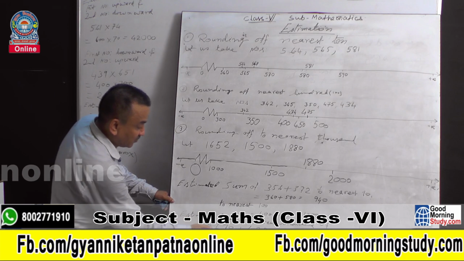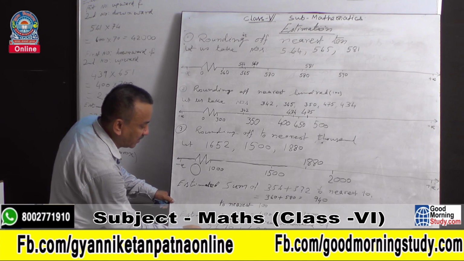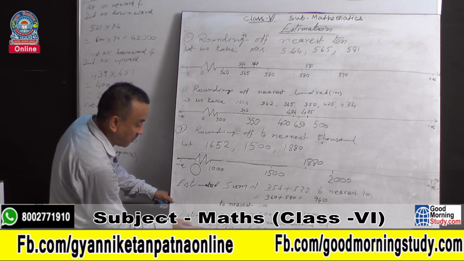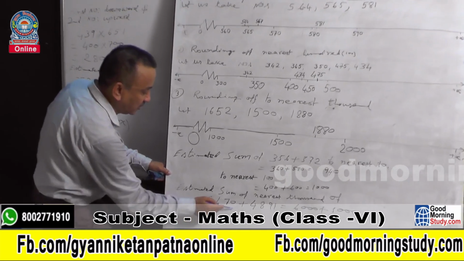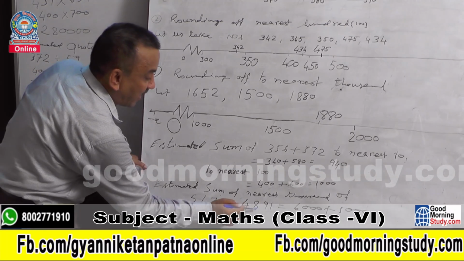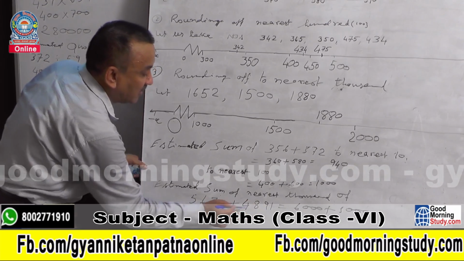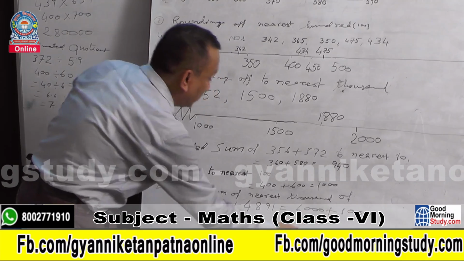As this 670 is more than 500, we will add 1 to the 1000s place digit and make all the other digits 0. So it will be 6000 and 4891 will be 5000 in the same way. So 11,000 is the sum.